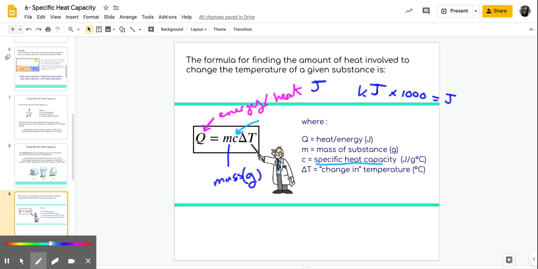And then our last part of our formula is delta T. That's what the triangle means, and it is a capital T. In physics, a little t is used for time, so big T is used for temperature. Okay, temperature is going to be in degrees Celsius, and the triangle means change in. It's the Greek letter delta. Okay, so change in temperature, so you have to figure out the difference between the two.